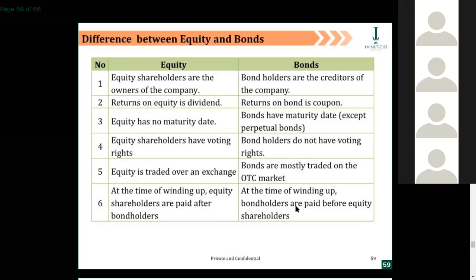Equity is traded over an exchange. Bonds are mostly traded on the OTC market. At the time of winding up, equity shareholders are paid after bondholders, or rather, in the end. Bondholders are paid before equity shareholders, first in the sequence of payment. You can say the bondholders are considered first for the payment of the credit which they extended to the borrowers or the issuers of the bond.